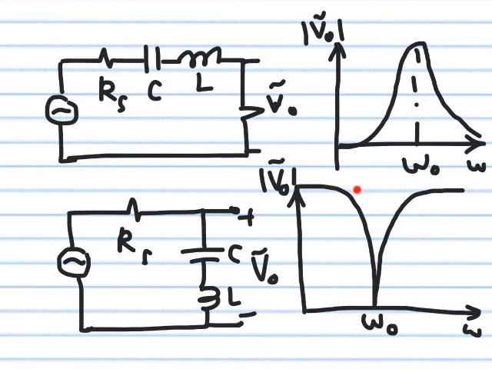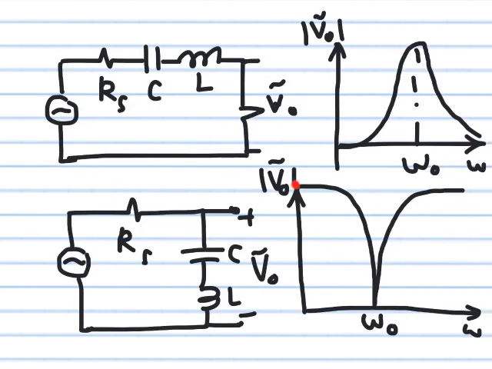So at omega naught, suddenly you get a dip. V output goes to zero. When I say V output goes to zero, I mean the amplitude of V output will be zero, because everything here is sinusoidal. Okay, why is that? Because at resonance this is shorted, these two cancel each other out, and V output is zero. This is why you get this point here.